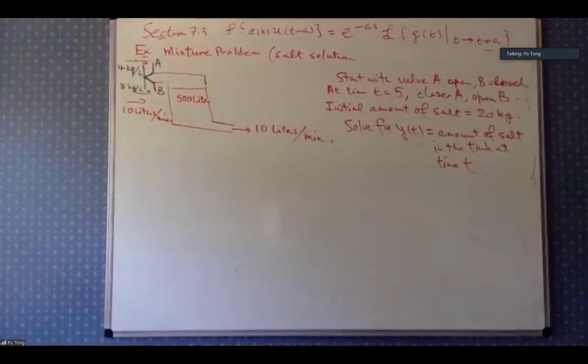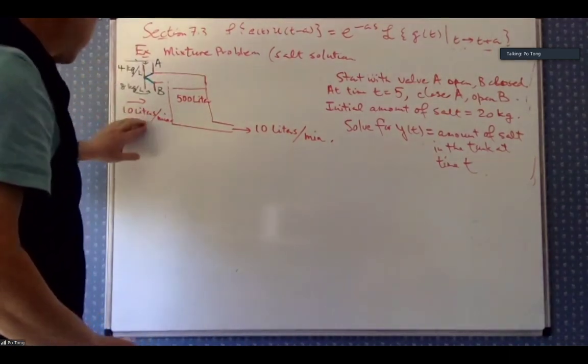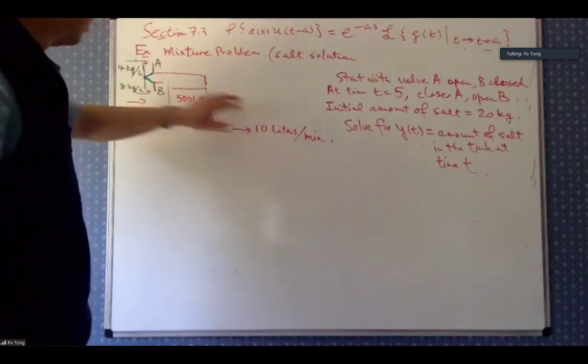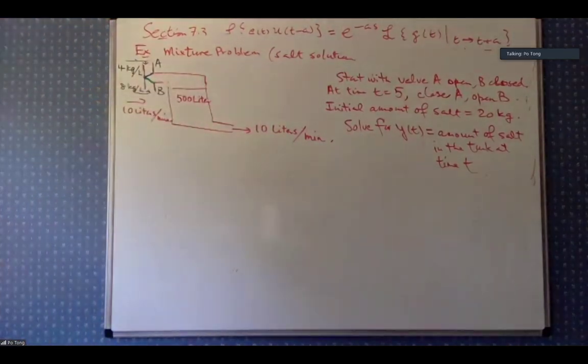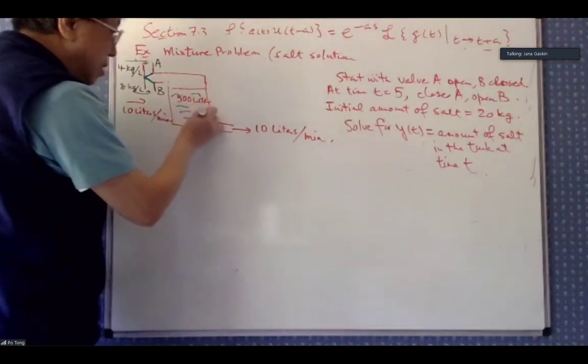So based on this, we're going to try to set this up and then try to solve something. How do we set it up? Okay, so first, 10 liters per minute coming in, 10 liters per minute going out. Does the level inside here change? No. It will never change.